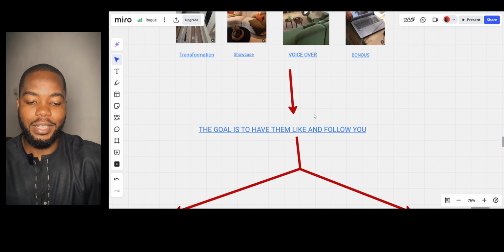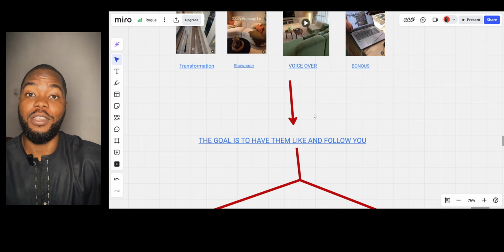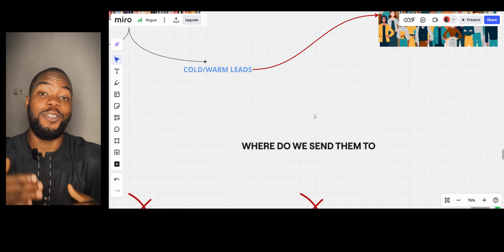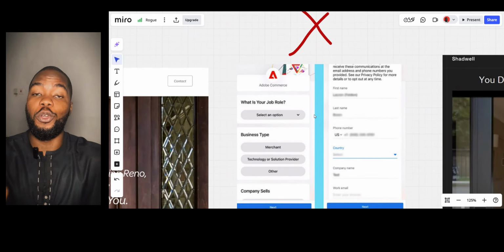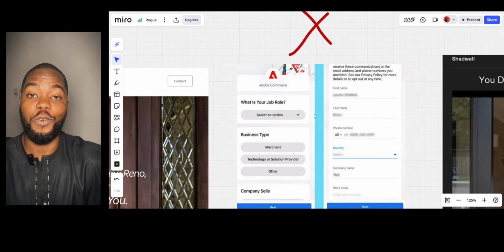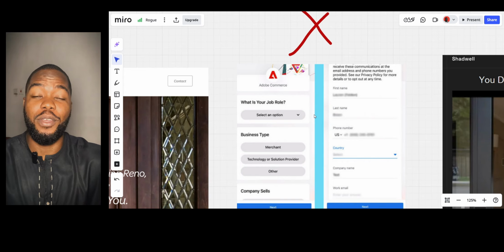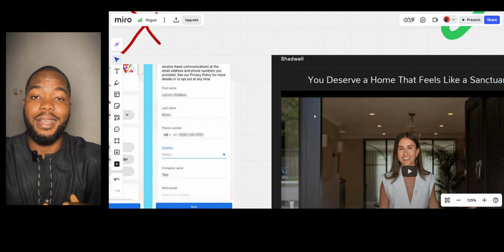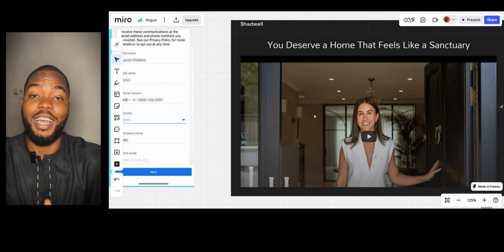Imagine you had an ad, like the one I showed you earlier, of a transformation of a space, and they're like, wow, this is very nice. They have this high respect for you. They see what you could do, and you now send them to a boring Facebook form. They might fill in the information, but already there's a break in user experience and the trust they have for you.